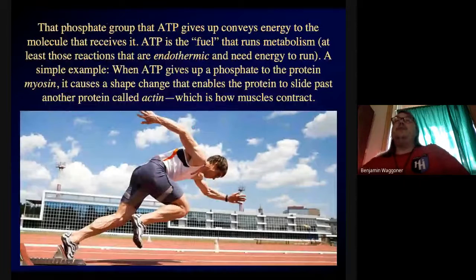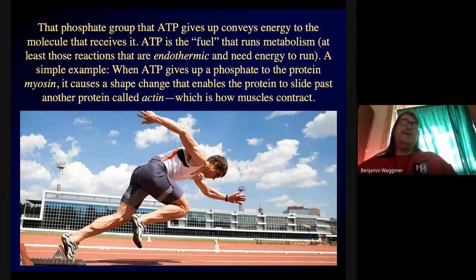ATP you could think of as the fuel that runs metabolism, at least the reactions that are endothermic, the ones that require energy to run. There's a heck of a lot of chemistry involved here that we just don't have time for, and that I'm not the best person to teach anyway. We've got perfectly good biochemistry classes in the chemistry department if you really want to know.